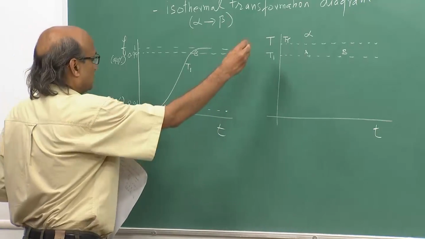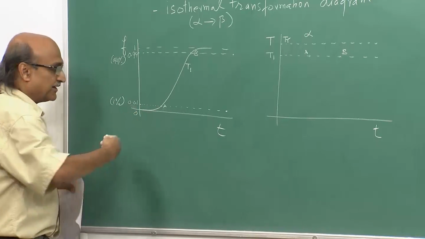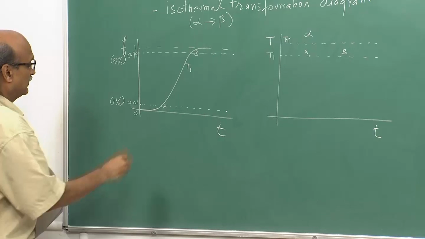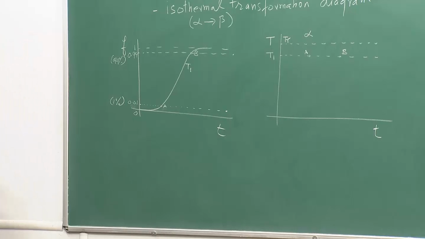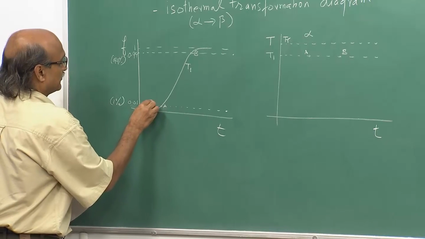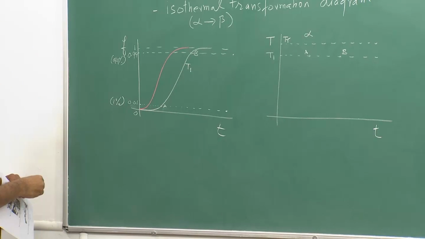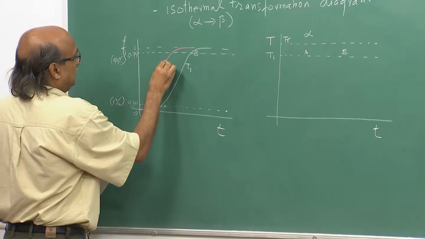And let us consider another temperature T2 where the kinetics are at a peak. As a result, I will have a second curve showing much faster kinetics, and this is at temperature T2.